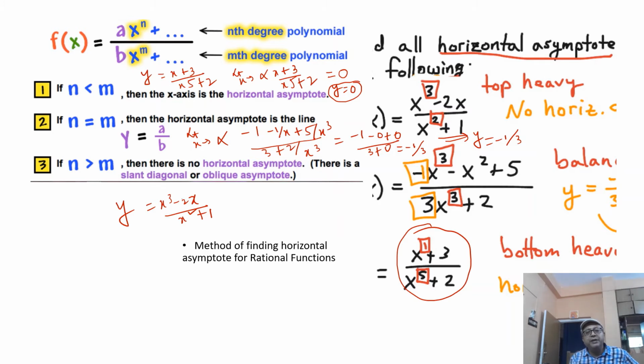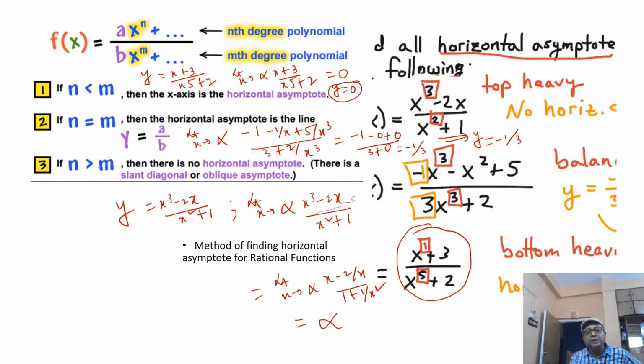This time, for the limit as x tends to infinity, because the leading term in the denominator is x square, you divide by x square, and then the limit is x minus 2 by x over 1 plus 1 by x square. These two terms are 0 and this is 1, but finally it will give you infinity. So in this case, there is no horizontal asymptote. This curve has an oblique or slant asymptote in that case.